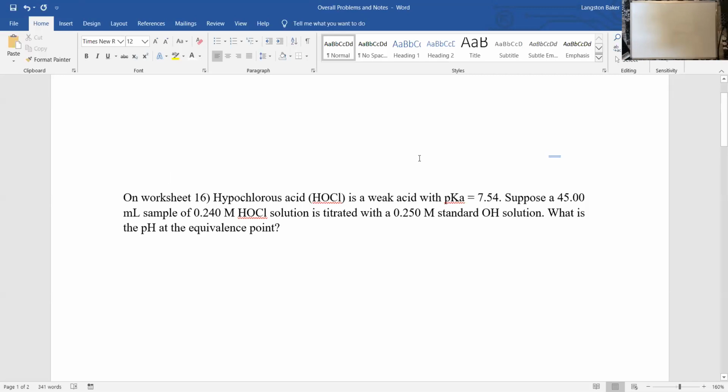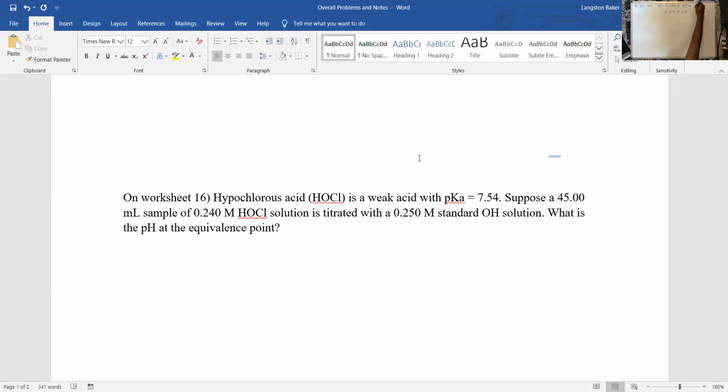Okay, what we got? We got 45.00 milliliters of 0.240 molar HOCl, and we have 0.250 molar OH minus.